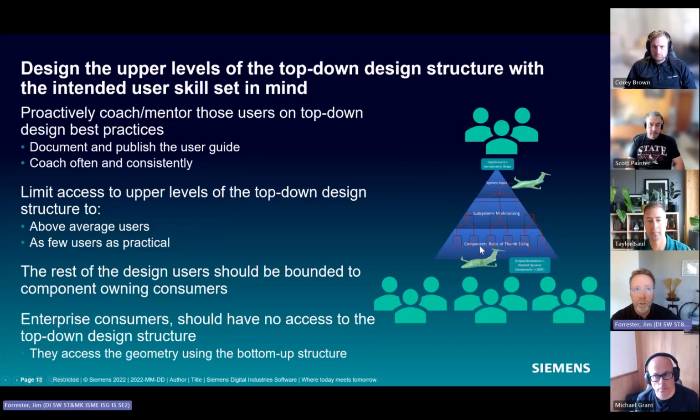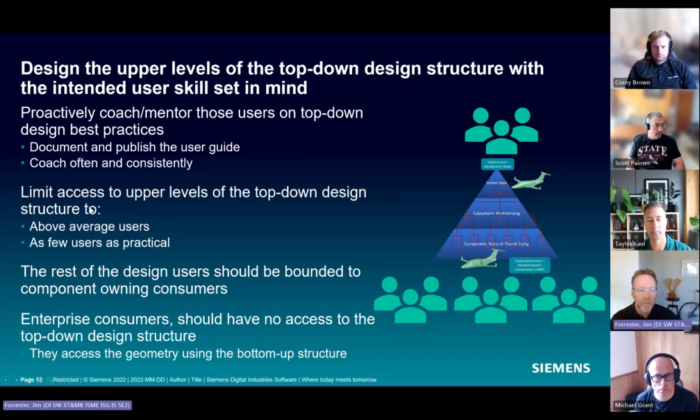Don't make it so powerful but complex that they can't use it. You want something that does what you want it to do, but is usable by the users who are intended to use it. Proactively coach, mentor those users on top-down design best practices.